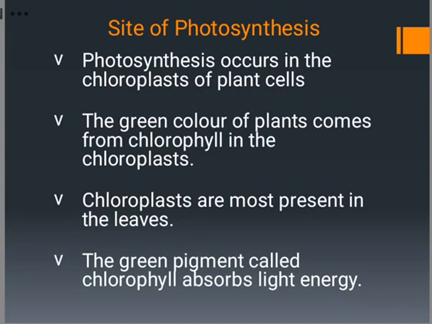Now, in green plants, photosynthesis does not occur all over the body of the plant. Particularly, photosynthesis occurs in the chloroplasts of plant cells. The chloroplast is an organelle in the plant cell.